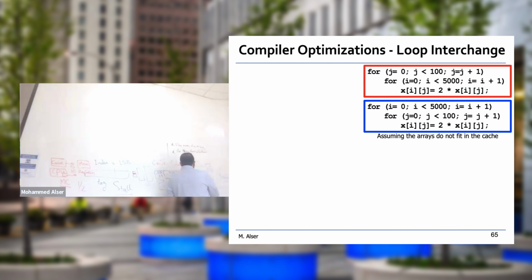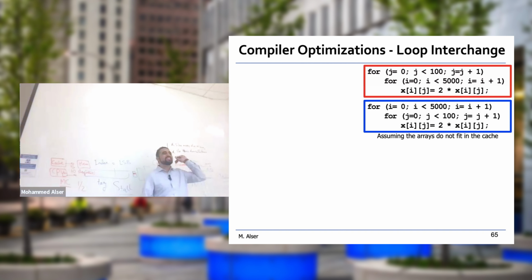This is the 2D array. The first one will go this way. We'll pick the first element, then the second, third, fourth, fifth, sixth, 7, 8, 9, 10, 11, 12, and so on. The second one will go 1, 2, 3, 4, 5, 6, 7.